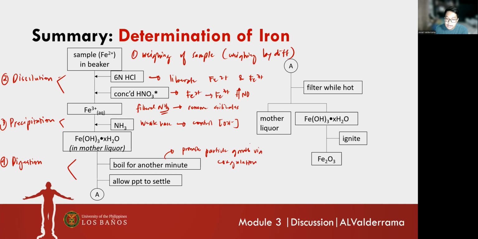Okay? And if you prolong the digestion, what happens is peptization. So peptization is the reversion back of your precipitate to its colloidal form. So we don't want to do that. And then we allow the precipitate to settle and we will filter it while hot.